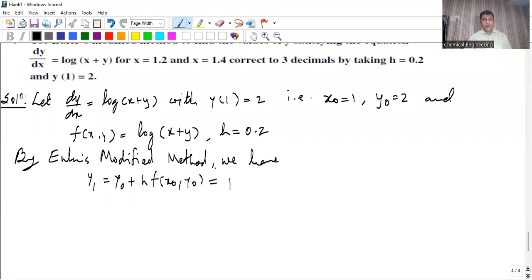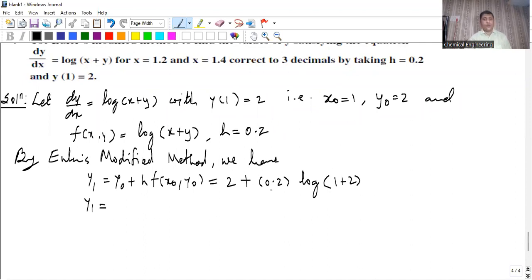Y0 is going to be 2 now. So 2 plus h, which is 0.2, times log of x0 plus y0, so we'll be having log of 1 plus 2. And as I said, use base 10.